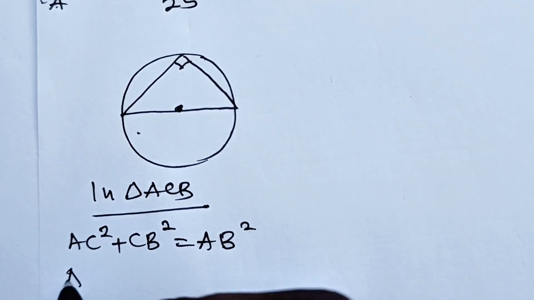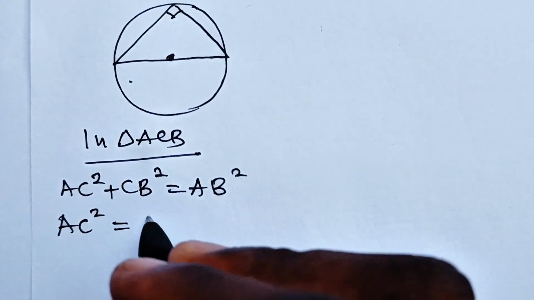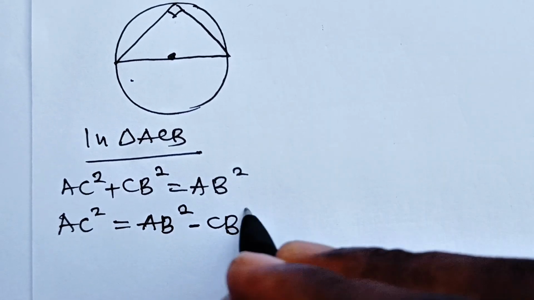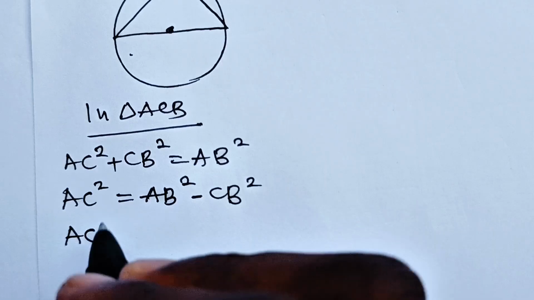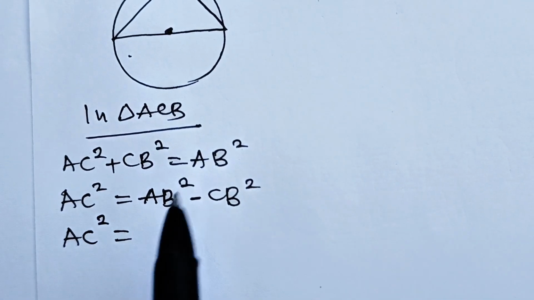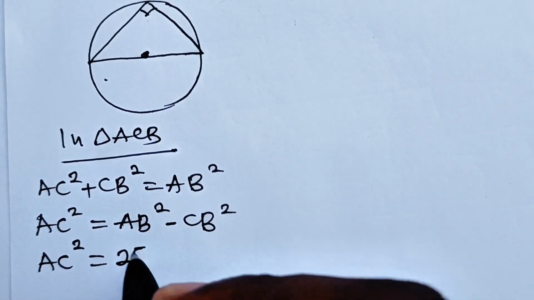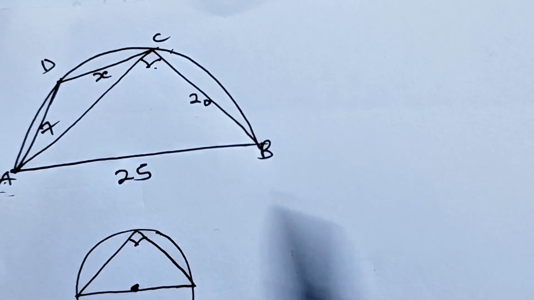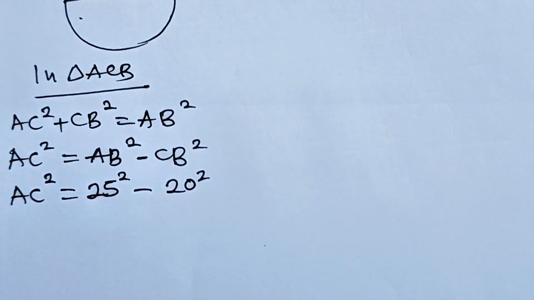So AC squared should be equal to AB squared minus CB squared. So we have AC squared is equal to 25 squared minus 20 squared.